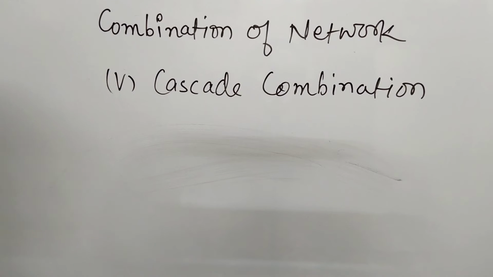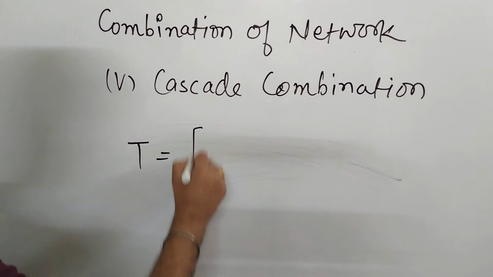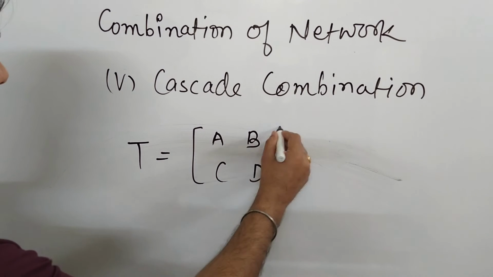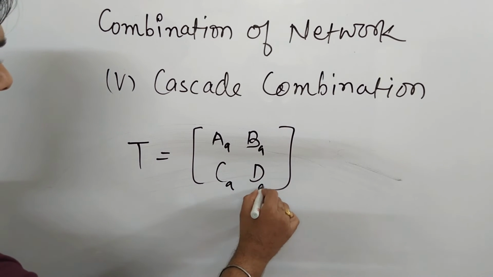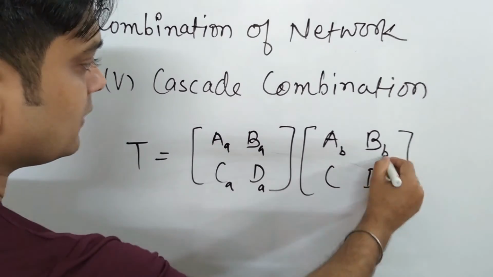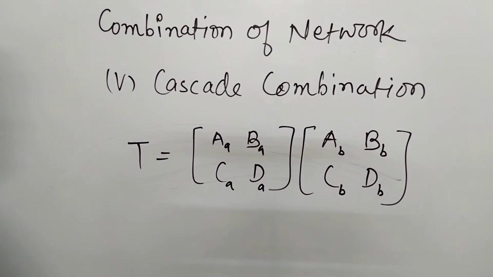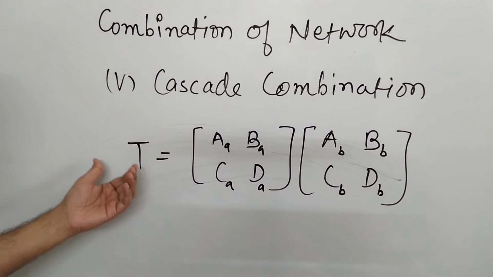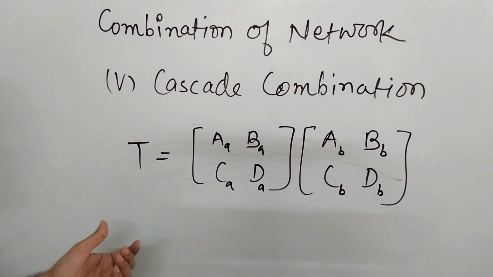Now if I write this matrix, it is in the form of capital T, that is equal to A, B, C, D. This is A, B, C, D for network A, and this is A, B, C, D for network B. So you can say that it is the product of the ABCD matrix for network A and for network B. So in cascade combination, the overall transmission matrix T is the product of the transmission matrix of network A and the transmission matrix of network B. And in this sequence, if there are n networks, you have to multiply these matrices in that form.